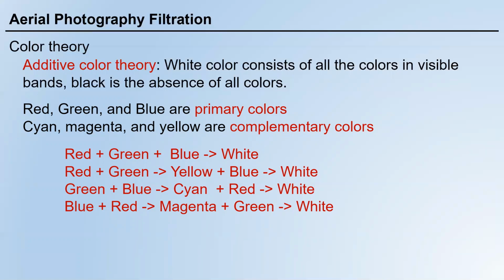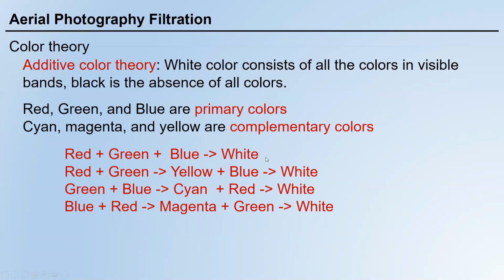If you combine pure green and pure blue, you have cyan. And cyan is the complementary color of red. So if you add pure red to cyan, you have white again. If you combine pure blue and pure red, you have magenta, and green is the complementary color of magenta. So based on magenta, if you add pure green, eventually again, you have white.